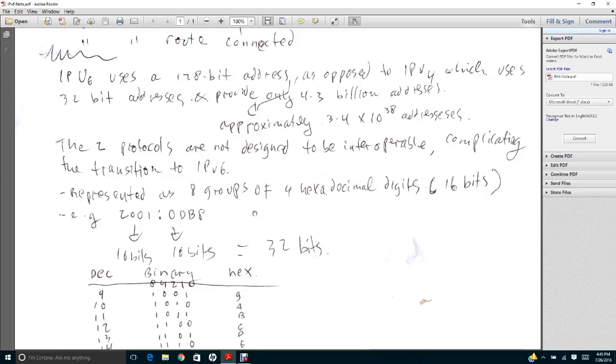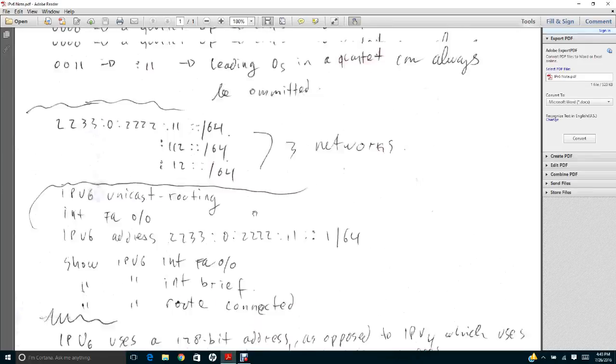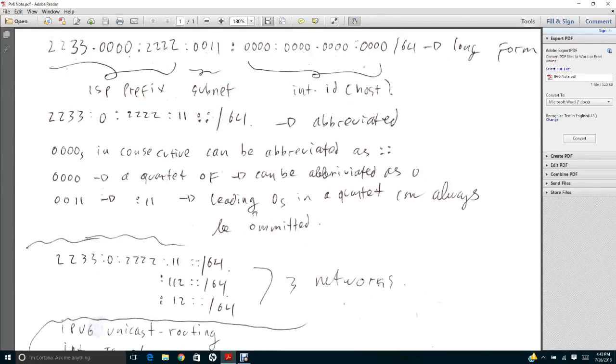If you look at my note on the top, an example of IP version 6 is 2233 colon 0000 colon 2222 colon 0011 colon 0000 colon 0000 colon 0000 colon 0000 slash 64.